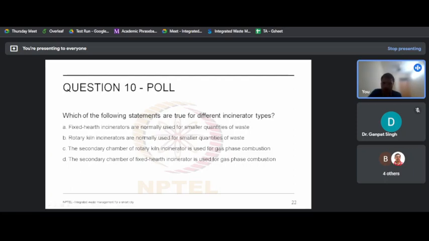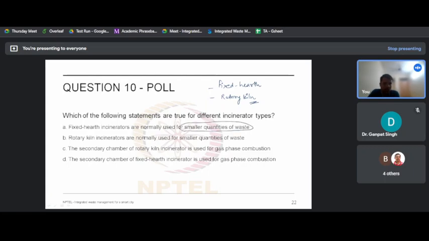Here we are concerned about the fixed hearth incinerator and the rotary kiln incinerator. Fixed hearth basically has a small structure and is generally used for smaller quantities of waste.